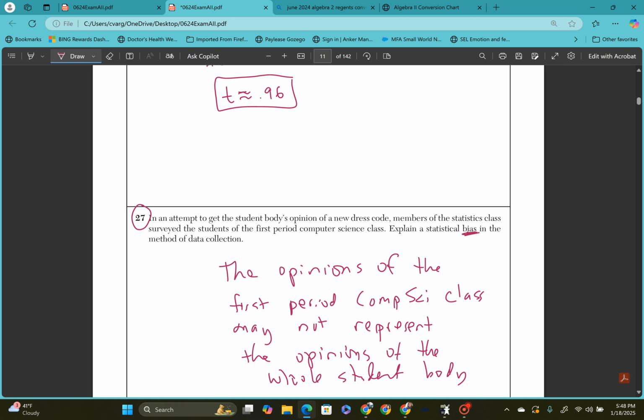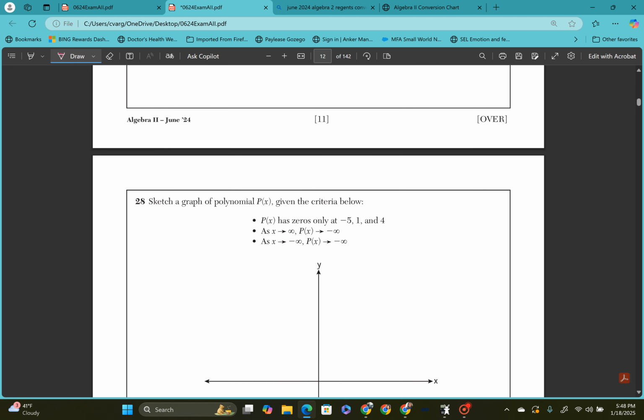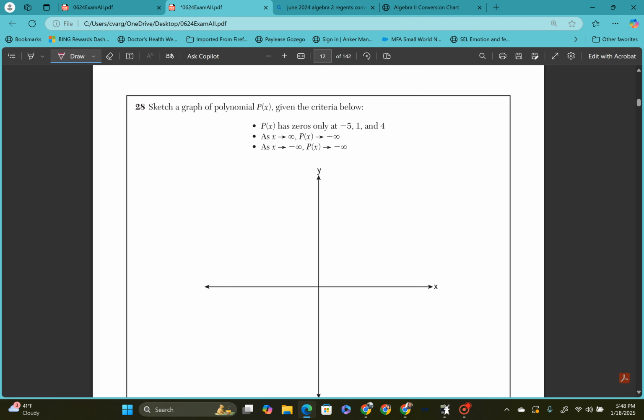Forgive my handwriting, but I'm saying it to you. So I'm going to count 27 because 27 is kind of like a common sense one. All right.